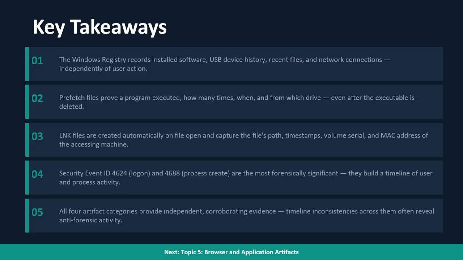And then there's the event log, which will have security events, logon, process creation, as those can be used to build a timeline of what has happened and when. Using all four of those will create strong corroborating evidence with a timeline, and inconsistencies across them can indicate that someone is trying to delete the information before someone else looks at it.